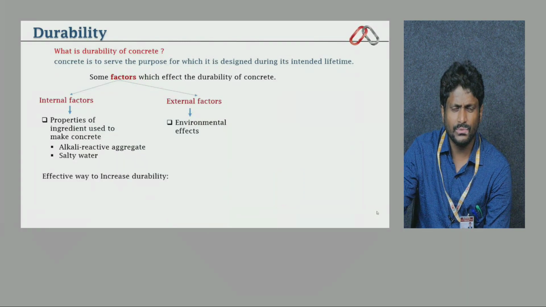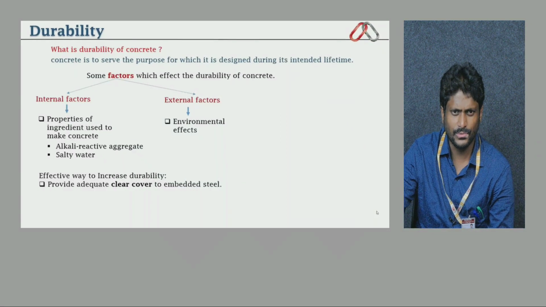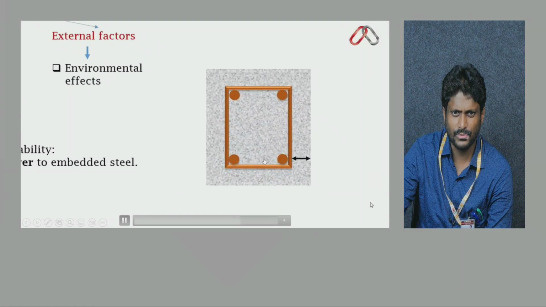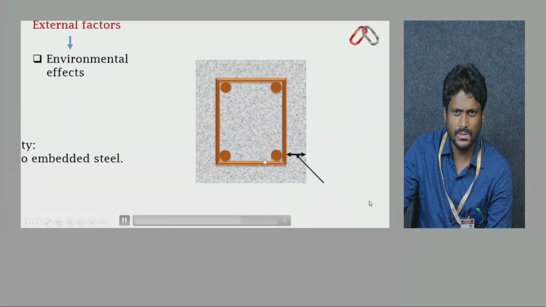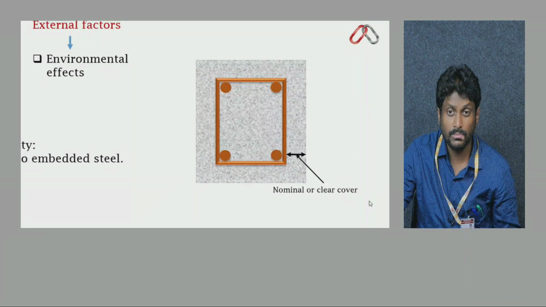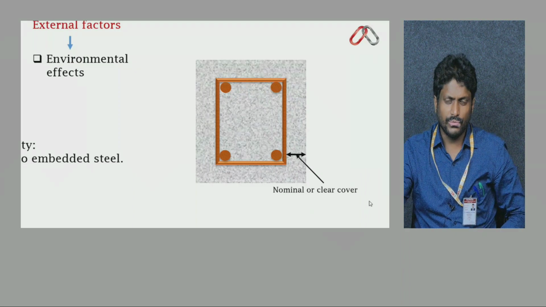An effective way to increase the durability, the best solution, is to provide adequate clear cover to embedded steel. So that is a very good thing. You can see from the photograph here. You have to ensure the clear cover on all sides, not only at the bottom, on all sides. If you ensure that, then it will maintain very good durability.